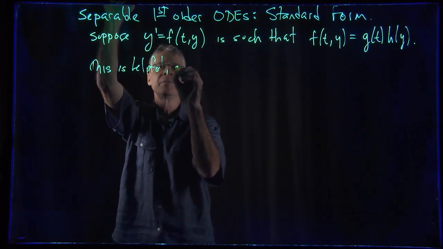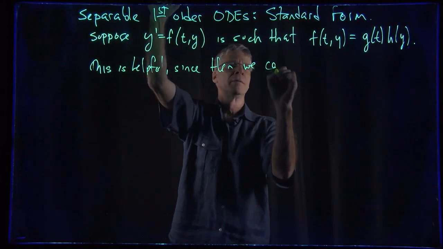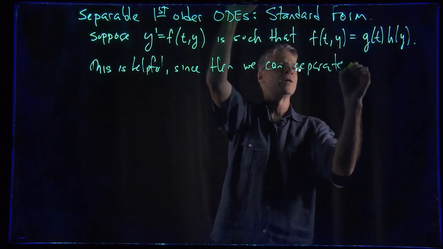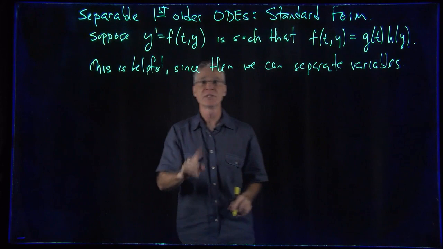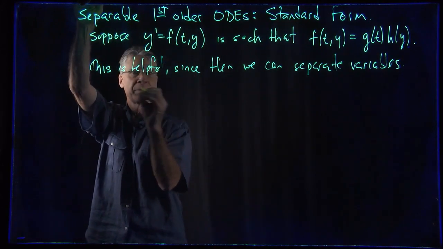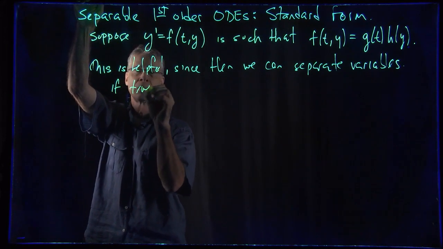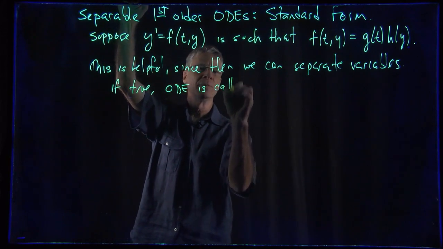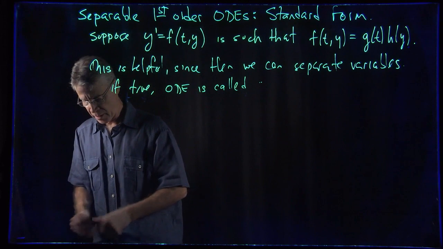This is helpful since then we can separate variables, and this facilitates solving. Okay, so at this point, if this is true, the ODE is called separable, and I'll write this in another color.